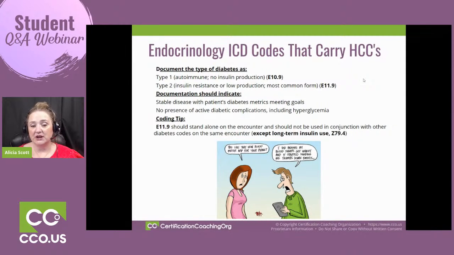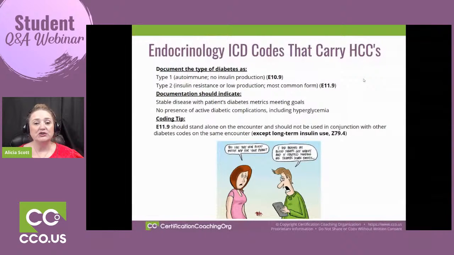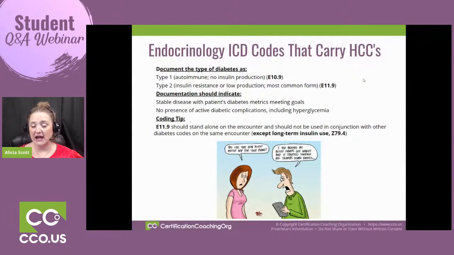When we look at endocrinology, there are some ICD codes that carry HCCs that you need to be well aware of. You don't need to have these memorized. However, it will make you faster and more accurate if you pay attention to these particular ones. I only picked a few because they're just so common. Now, of course, when we talk about endocrinology, we think of diabetes.